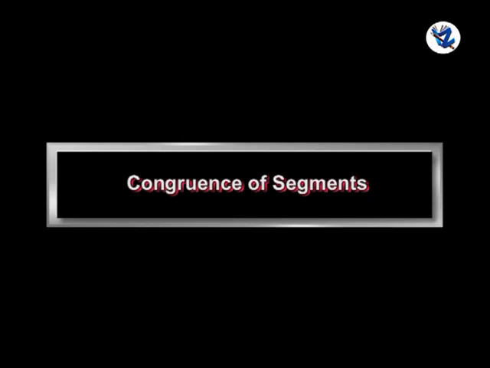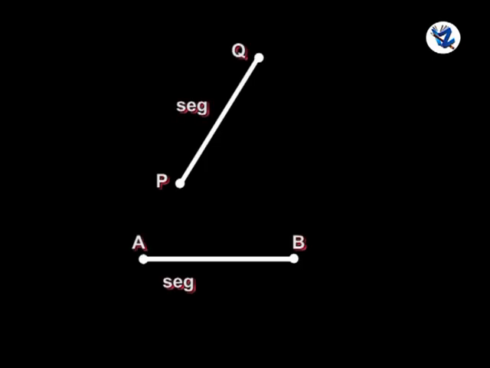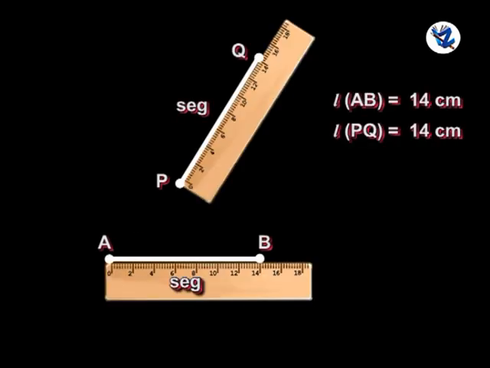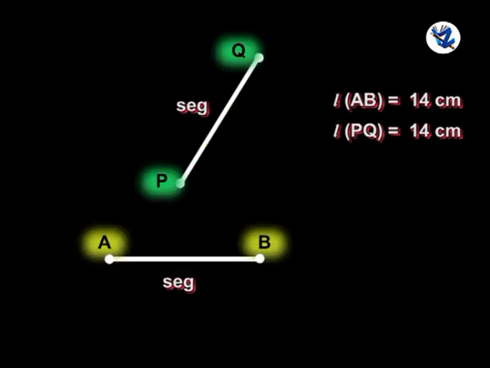Next, congruence of segments. If two line segments have the same lengths, they coincide exactly with each other. That is, they are congruent. If seg AB and seg PQ are congruent, we can write as seg AB congruent seg PQ.